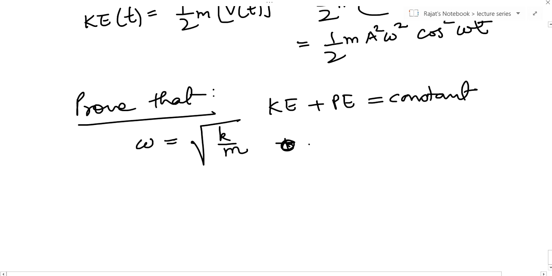Kinetic energy is a function of time, potential energy is a function of time. Use them and prove that kinetic energy plus potential energy is constant. Okay, so this is it. This is the variation of kinetic energy, potential energy, velocity, and position as a function of time. I've already told you their variation as a function of position.